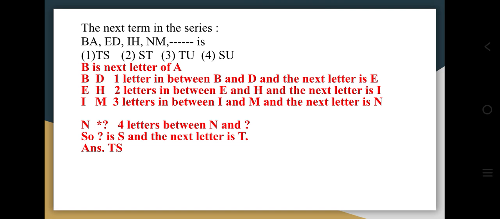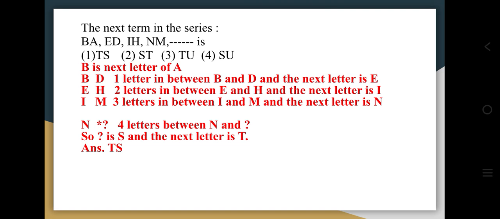But what's the other way or correct way of identifying the series is A, B is there, then C is missing, D comes, E is there, then F, G is missing, H, I is there.